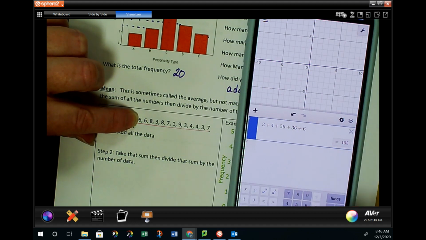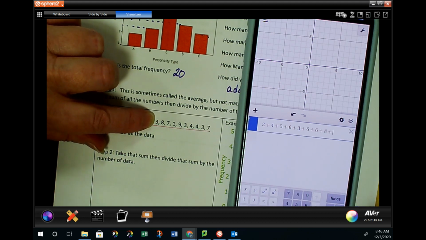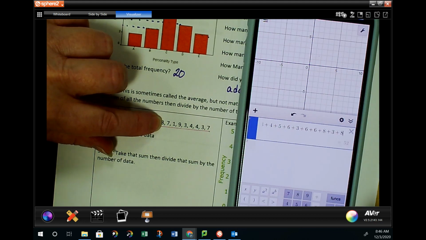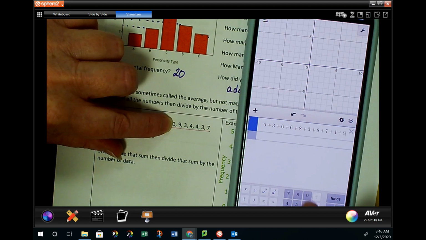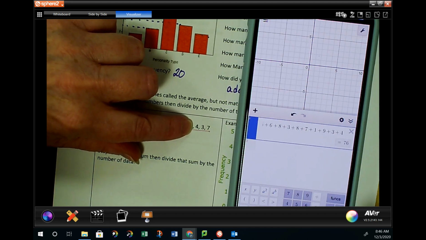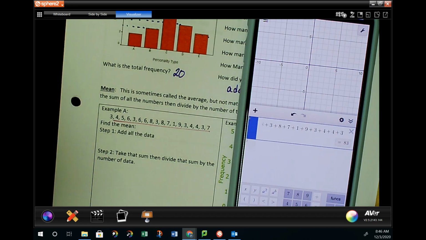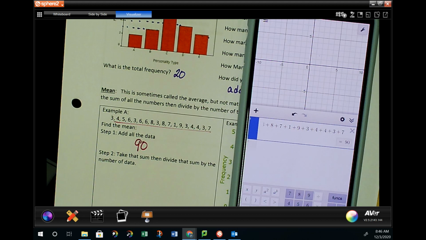Whoops, I need to put pluses in between those things. Plus 8 plus 3 plus 8 plus 7 plus 1 plus 9 plus 3 plus 4, and then there's 2 4s, plus 3, and then plus 7. So there's a total. That sum is 90. So I added all of those up.